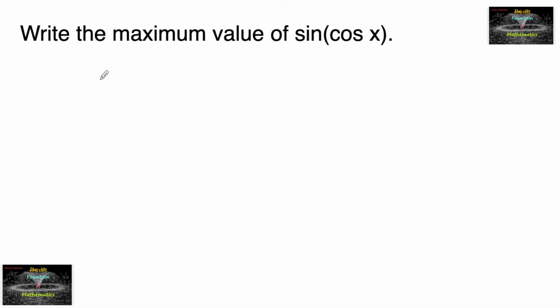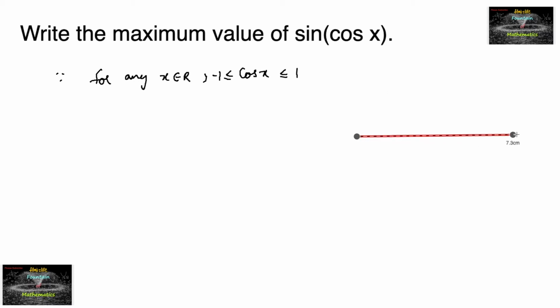Write the maximum value of sin of cos x. Since we know that for any real value x belonging to R, cos x lies between -1 and +1. Now let us see the value of sin between -1 and +1. From the graph it's very clear, let us take the graph from -π/2 to +π/2.